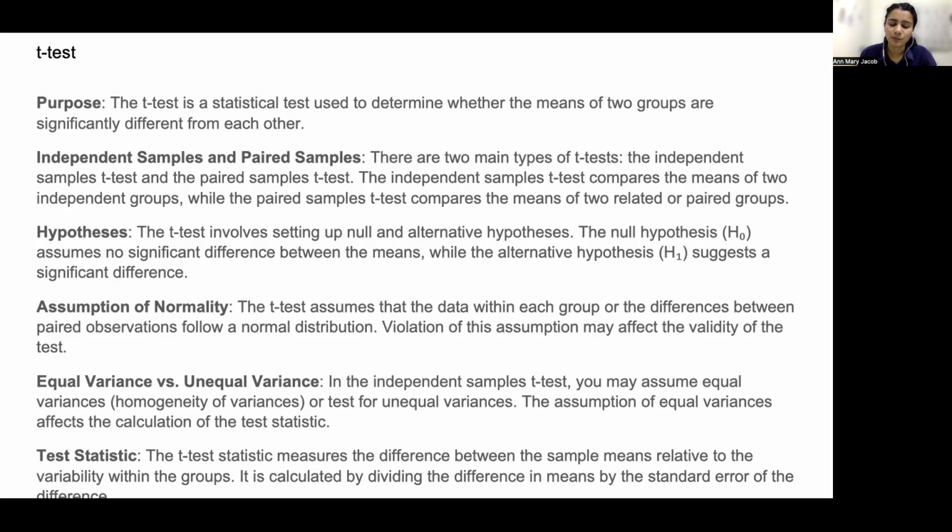Now, of course, before you want to administer the t statistic, you have to ensure that the assumptions of parametric tests are met. You want to check that the data set is normally distributed, right? So for that, you can run a Kolmogorov-Smirnov test or Shapiro-Wilk test, and based on that, you can then determine whether the data is normally distributed or not.